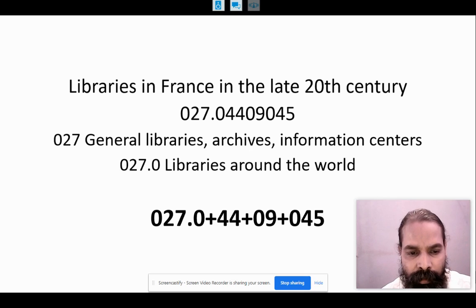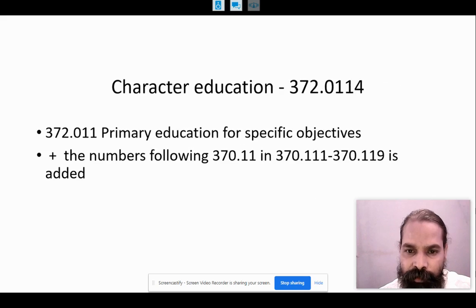Now, to the number 027.0 we add 44, which is France from table 2. 09 is, as given in the earlier example, a treatment for geographical and time frame, and again to that 045 is added to represent late 20th century. So therefore, the number 027.044.09045 represents libraries in France in the late 20th century.